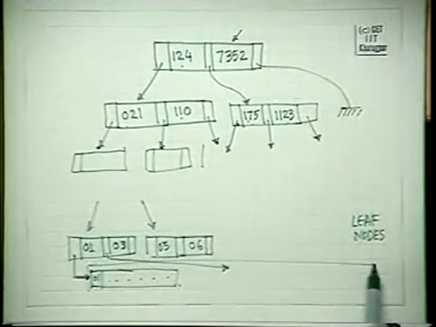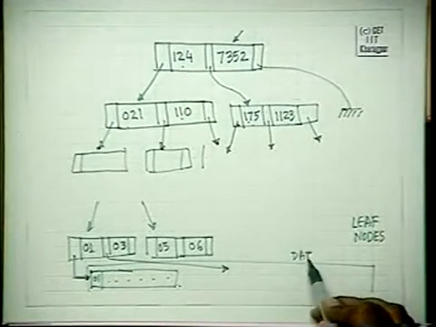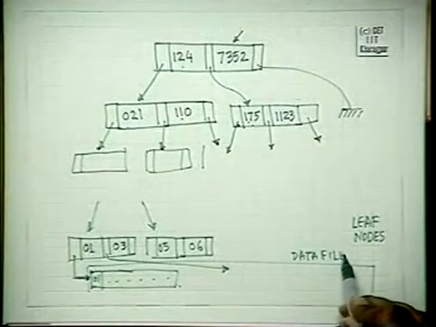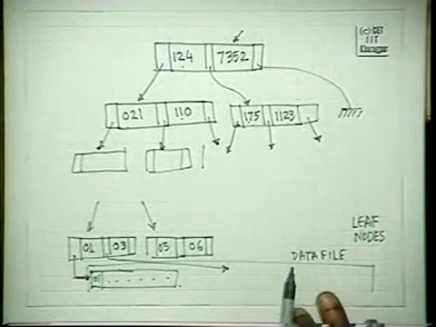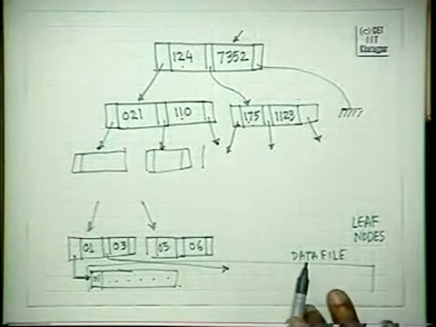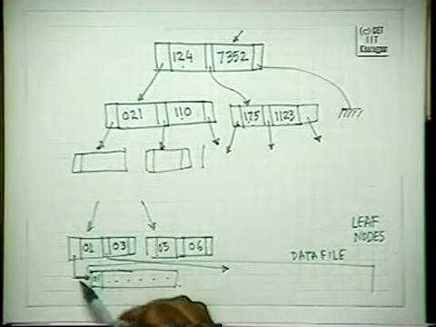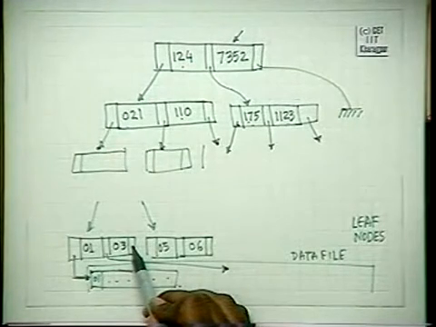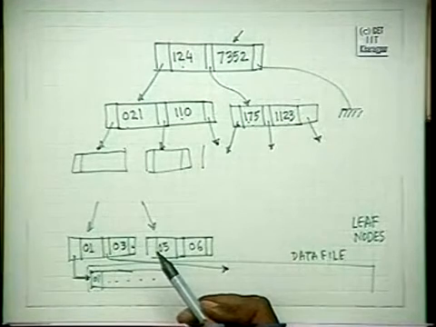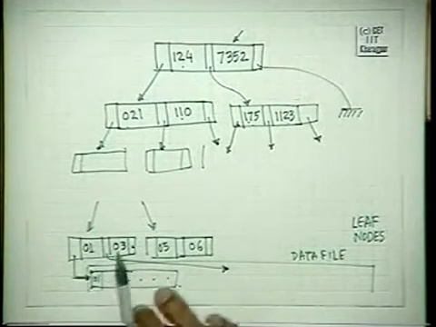This is the base data file, which may be a sequential file. This will point to 0, 1, this will point to 0, 3. This is useless actually now, because there is nobody which is greater than 0, 3, because there is no 0, 2 allowed.